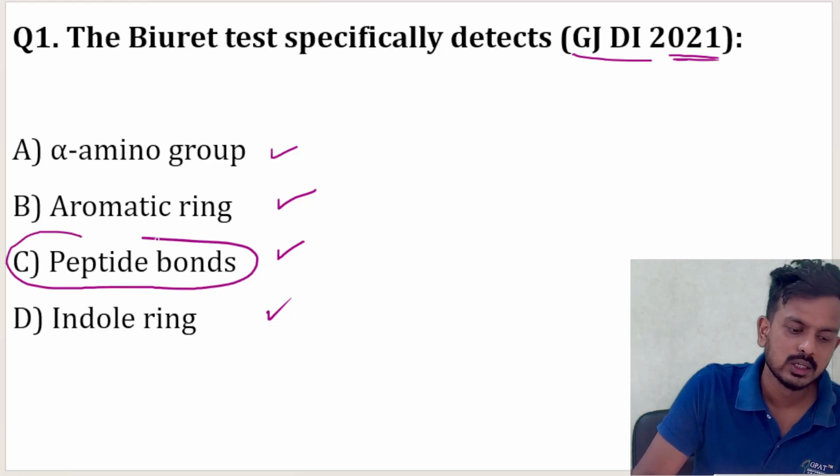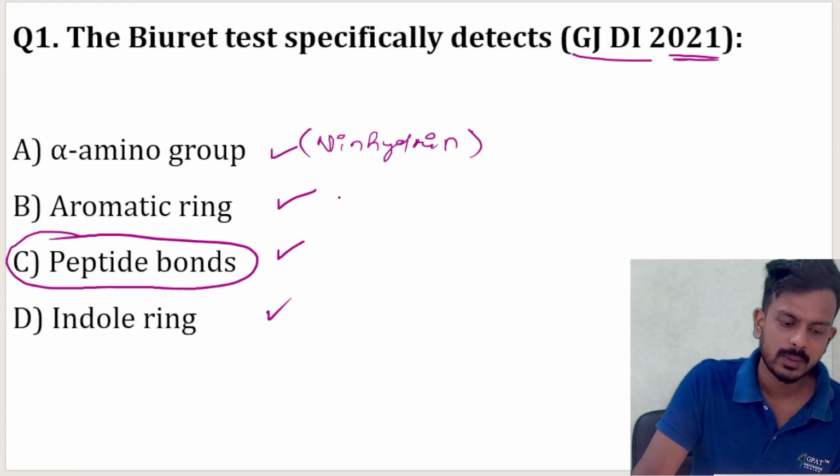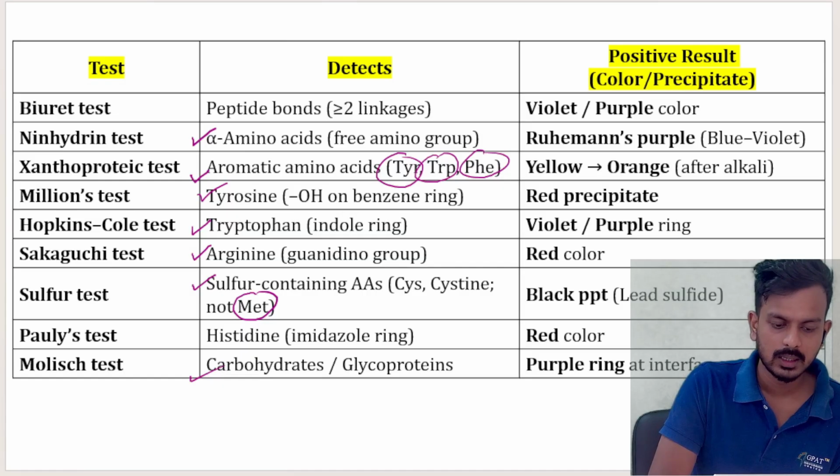So let's see. The alpha amino group is detected by ninhydrin. The aromatic ring is detected by the xanthoproteic test. The indole ring is detected by which test? Yes, the Hopkins-Cole reaction.